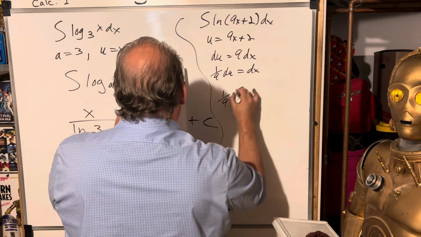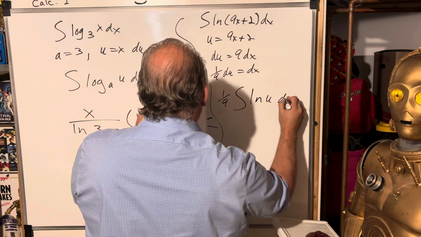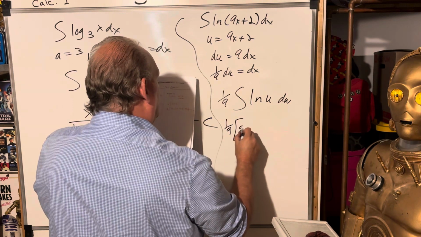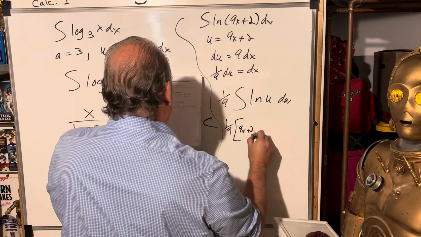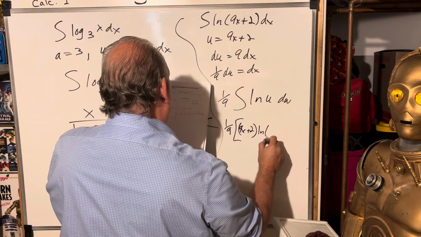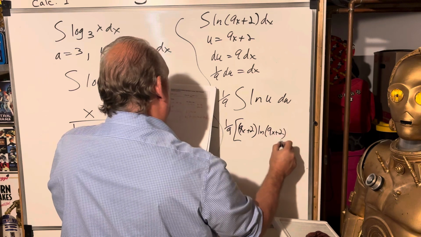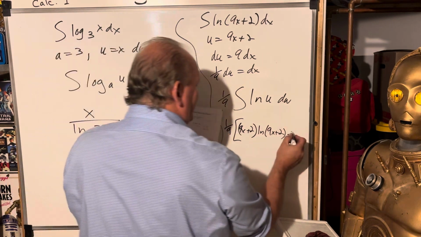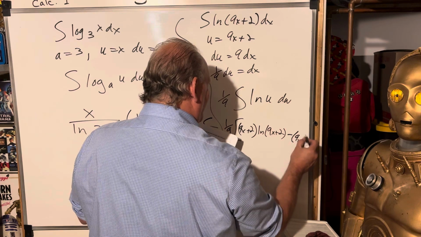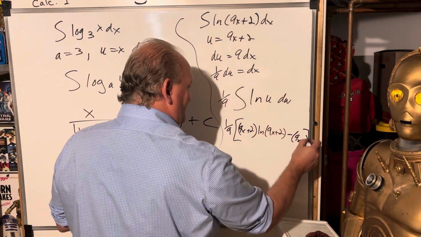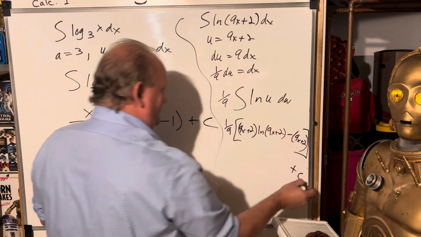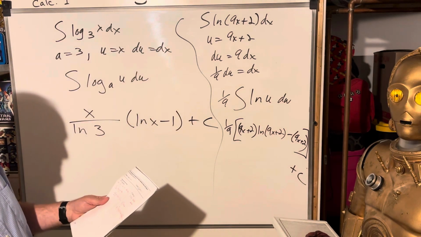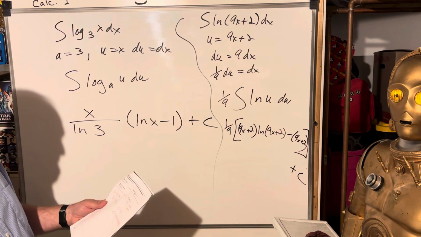And so 1/9 times the integral of ln u du, which is 1/9 times the quantity 9x plus 2 times ln of 9x plus 2 minus the quantity 9x plus 2, plus c. So that's the formula directly above there.